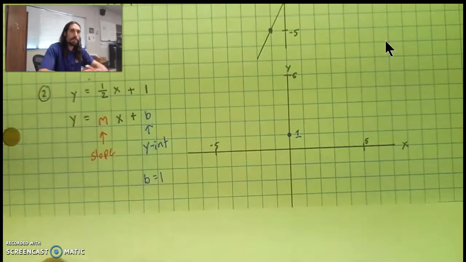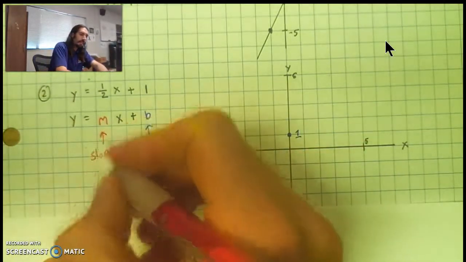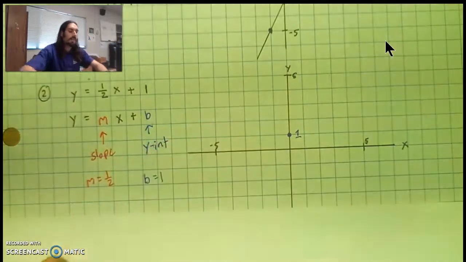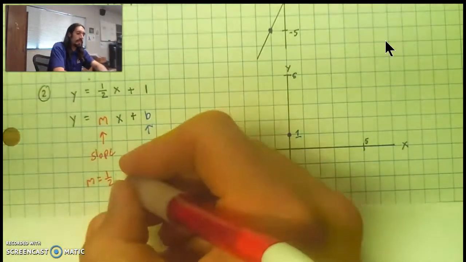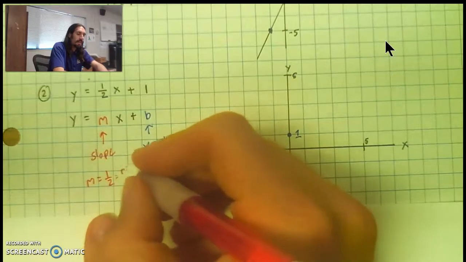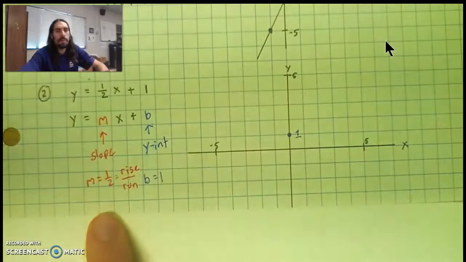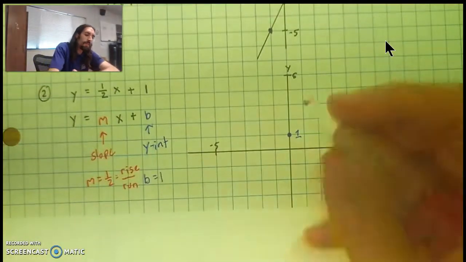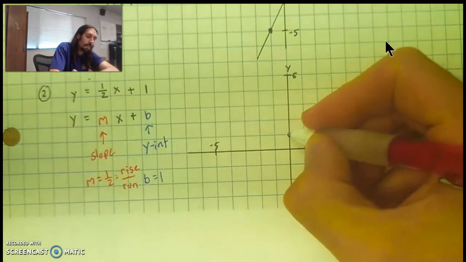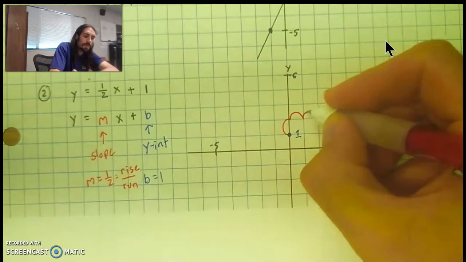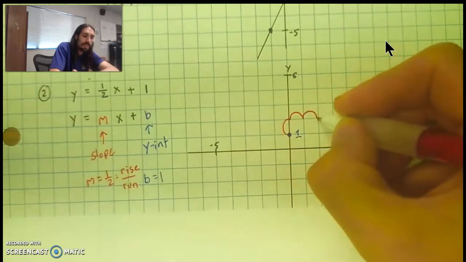So when it says that b right here is 1, our graph tells us that b is equal to 1, then that means when I come over to my graph, I'm going to find on the y-axis positive 1, right? That point right there would be 1 because I'm just 1 square up. That is my starting point. And then for my slope, right here, I know that m is equal to 1/2. So that's telling me my rise over run. How far up, how far to the right. So when I start at point 1 right here, I'm going to go 1 square up, and I'm going to go 2 squares to the right.